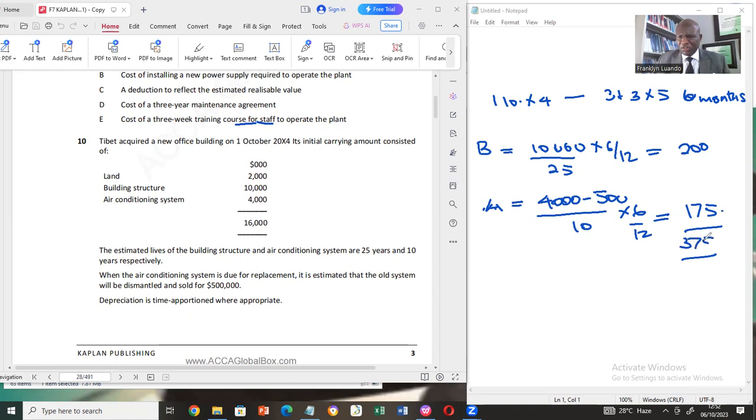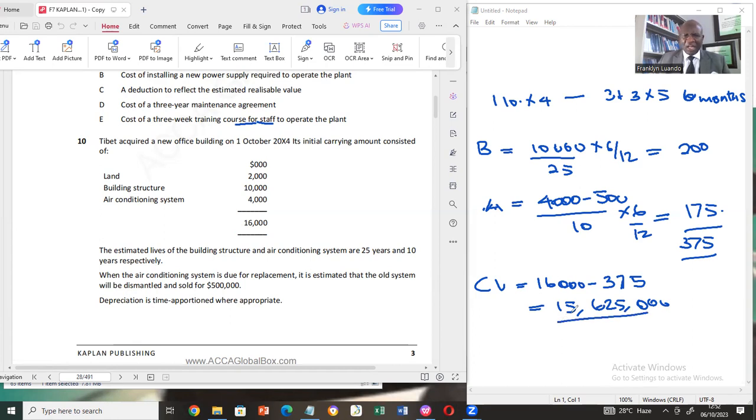375 total depreciation. The carrying value of the building will be 16,000, that is 16 million, less 375. And there we have 15,625,000.